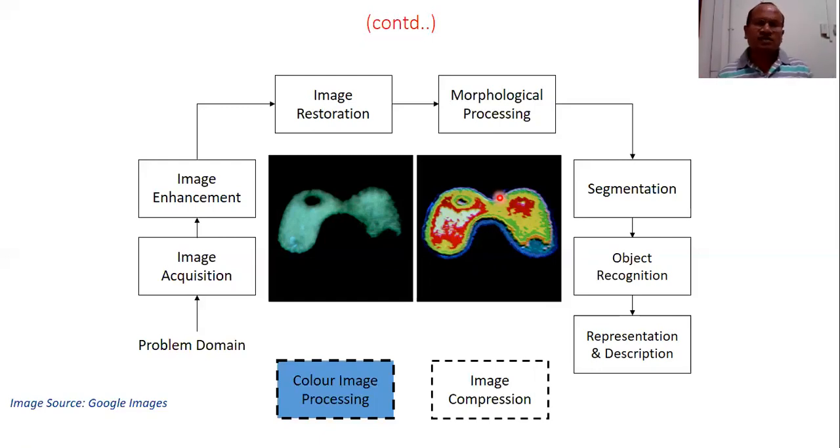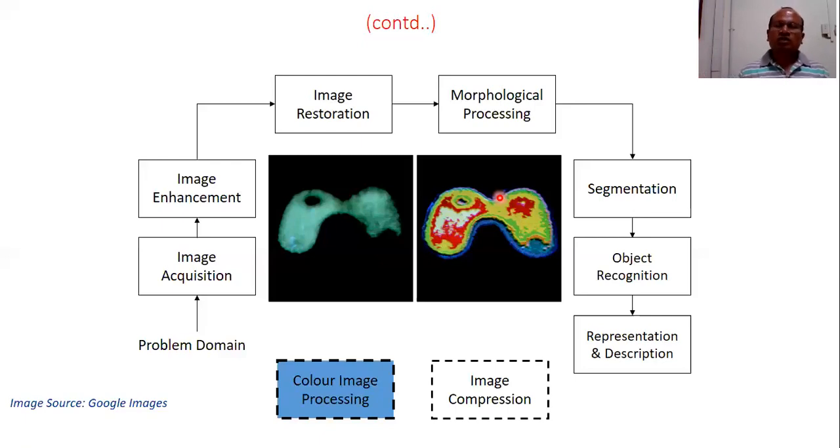Then representation and description, the major component which is used to store the templates or the boundaries or representation of images which are actually required in matching, classification, identification, and segmentation kinds of applications in image processing. Then image compression. Image compression is a component which is used to reduce the dimension, the size of the image, so that the burden on storage requirement can be lessened.